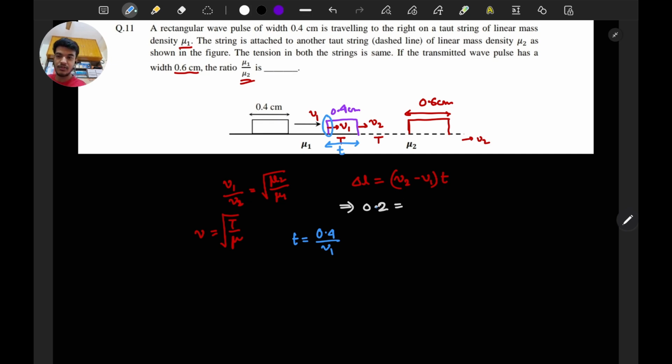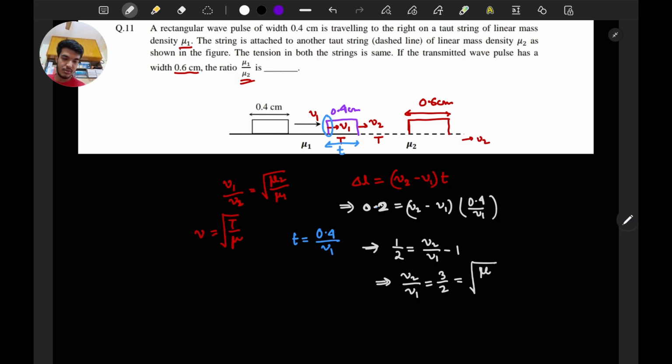So this equation can be written as 0.2 equal to (v2 minus v1) into 0.4 by v1. So I can write 1 by 2 equal to v2 by v1 minus 1. So v2 by v1 equal to 3 by 2, which is equal to root of mu1 by mu2. Therefore mu1 by mu2 equal to 9 by 4.